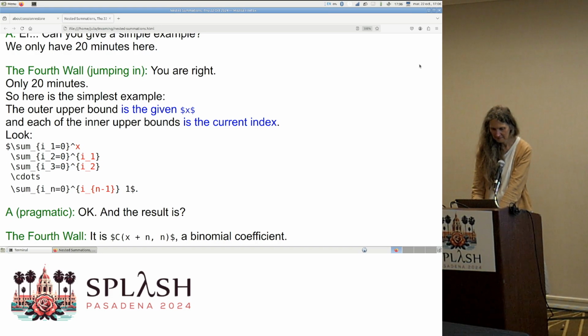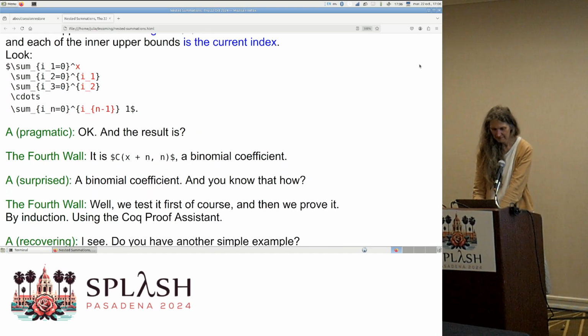So here is the simplest example. The outer upper bound is the given x, and each of the inner upper bounds is the current index. Look. Sum of all these things, dot, dot, dot. Can someone format this, please?